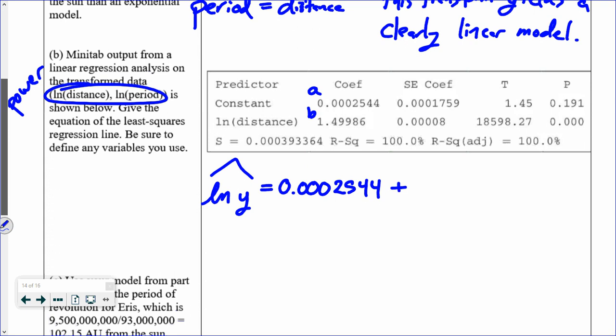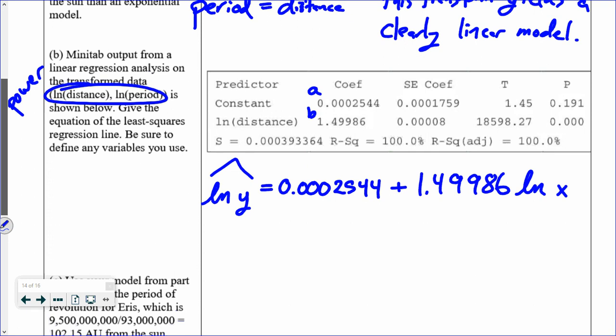This is going to be plus 1.49986. That's real close to 3 over 2. 3 halves, which is the ratio of the 2 powers that I mentioned up above. And we're going to have that times the natural log of x.